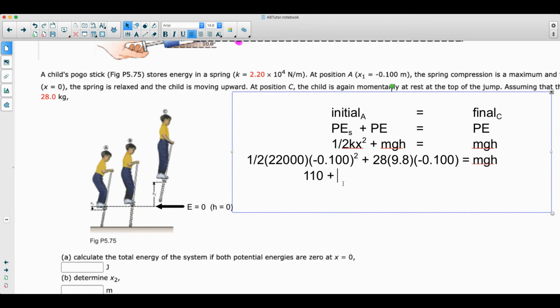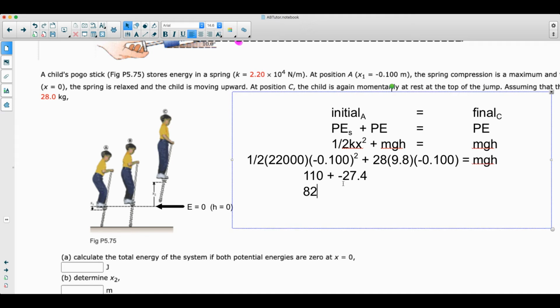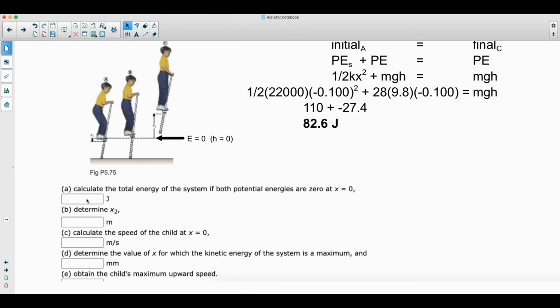So we're going to subtract 27.4, which is going to give us then 82.6. So that's a significant difference. That's our total energy. Okay, so part A is 82.6 joules, not 110.